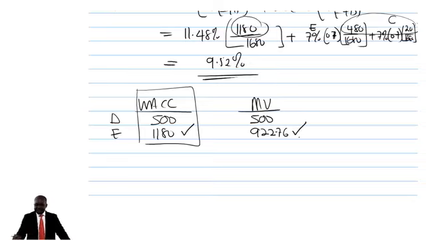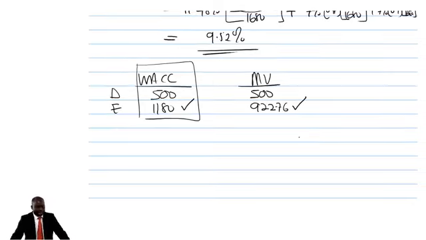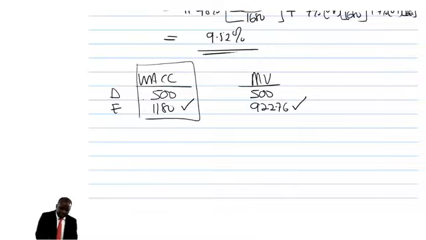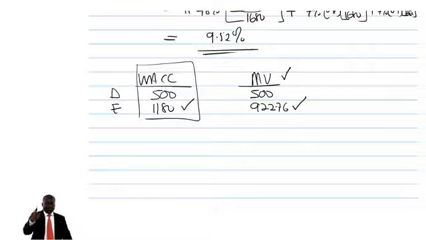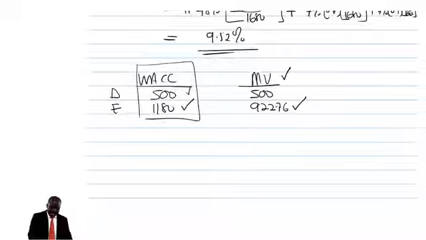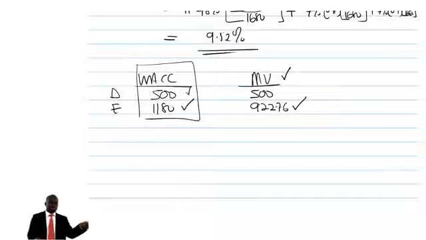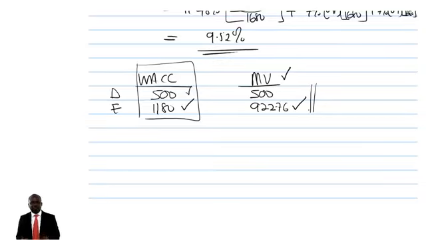The problem that has come up here is that the debt equity proportion that was used to calculate the WACC should have given us a market value that will also have the same debt equity proportion as the WACC that we used. But unfortunately, the debt equity proportion we use for the calculation of WACC is not consistent with the debt equity proportion that came out as the market value.